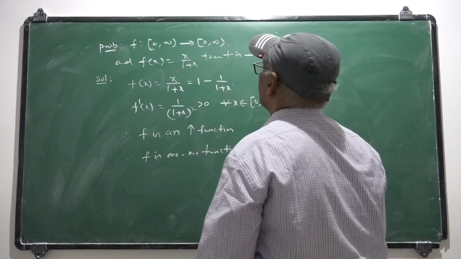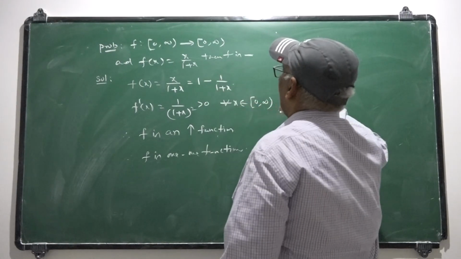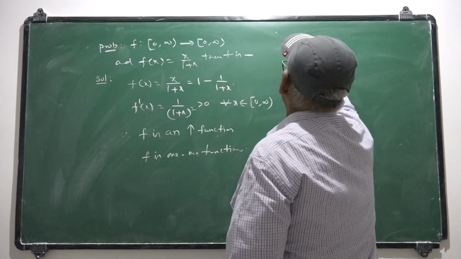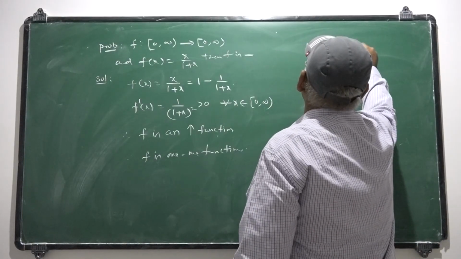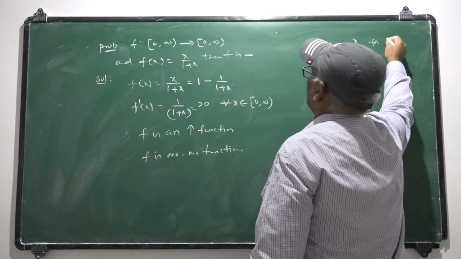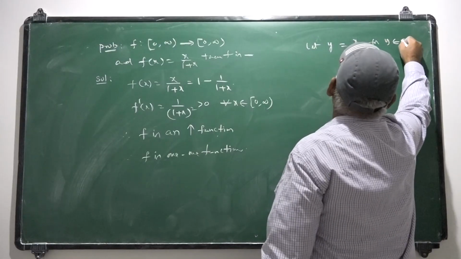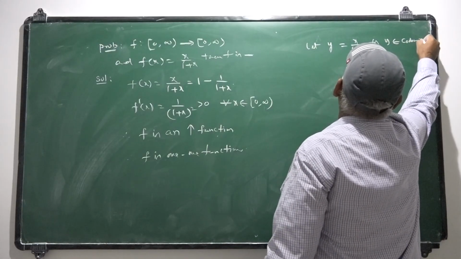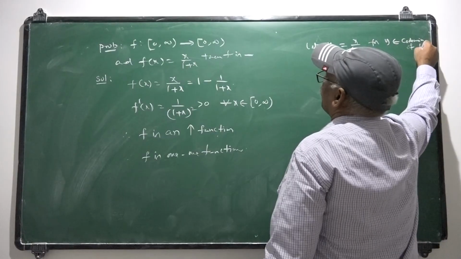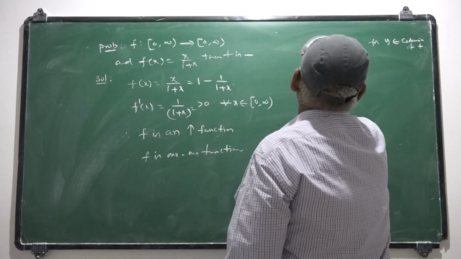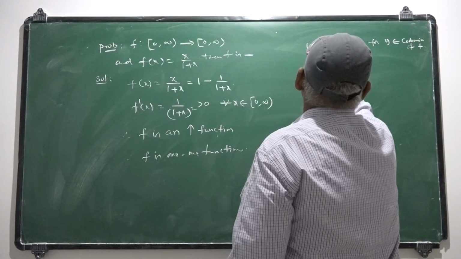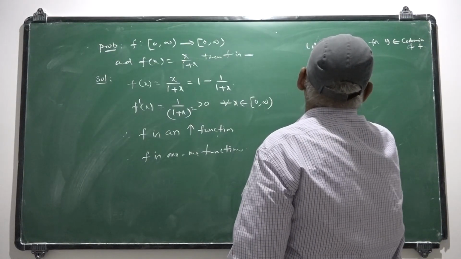Coming to onto nature, let y equal to x by 1 plus x for y belongs to the codomain of f. That means y greater than or equal to 0. That is y plus xy equal to x.